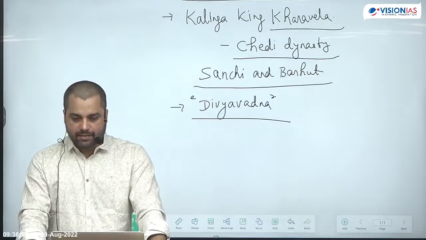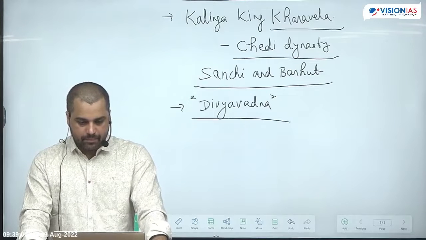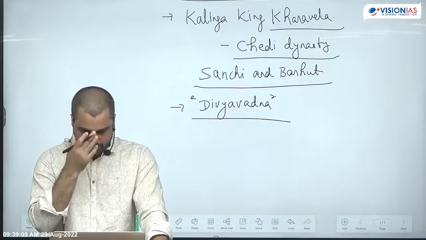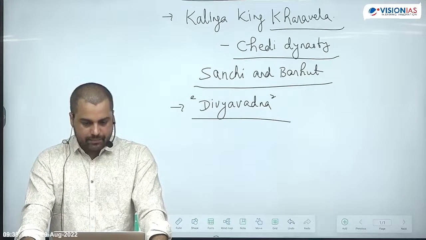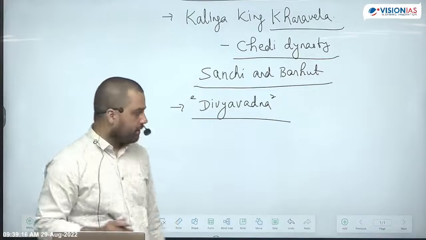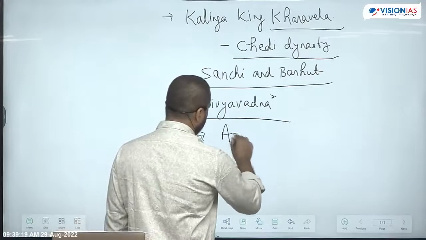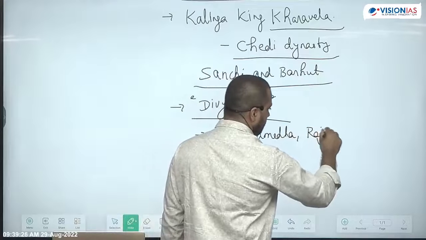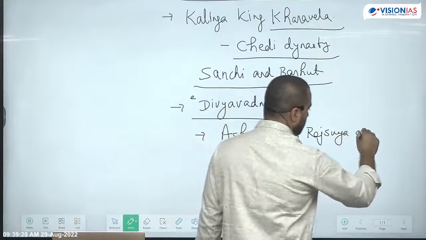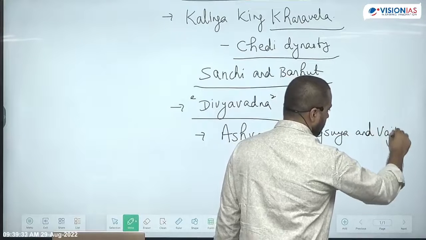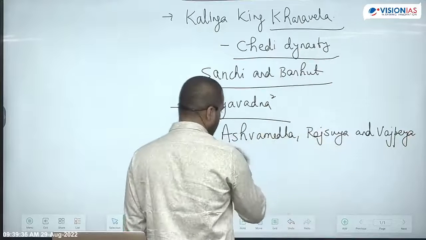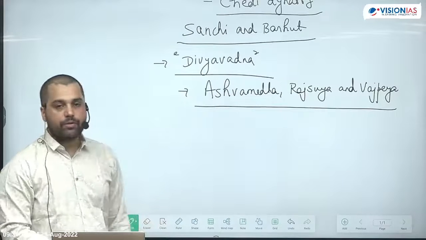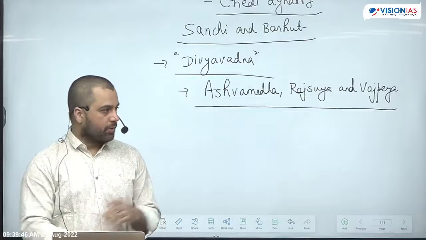He performed Vedic sacrifices such as Ashwamedh, Rajasuya and Vajapeya. In fact, in some inscriptions it is mentioned that he is the restorer of Ashwamedh as a sacrifice.